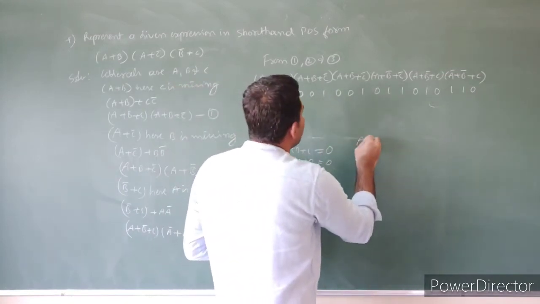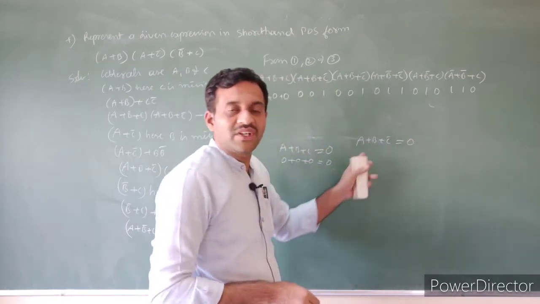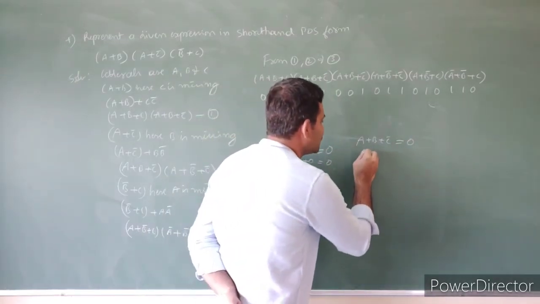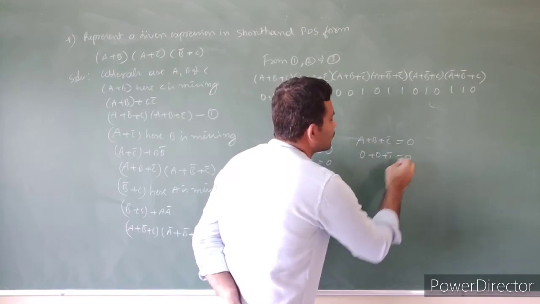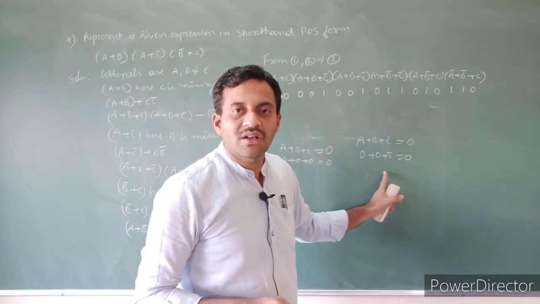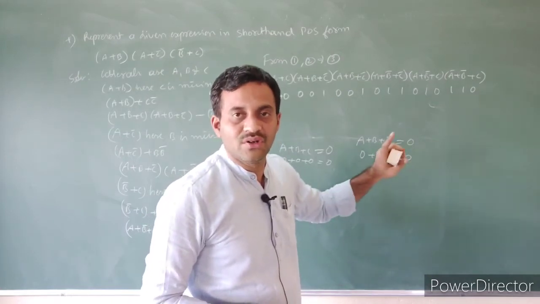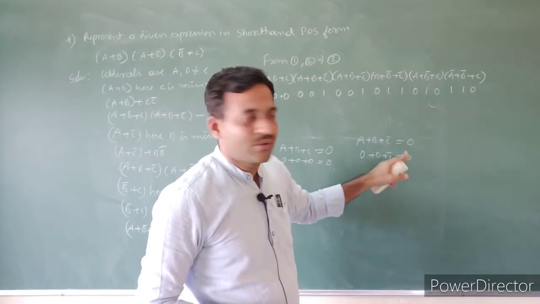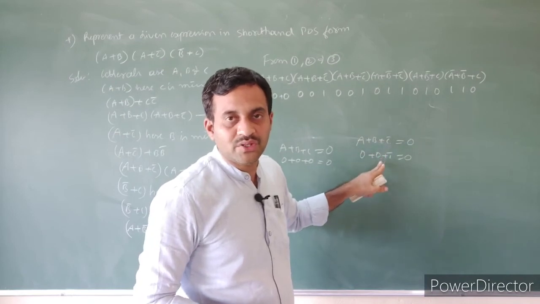See the second one, A plus B plus C bar. When it is 0 plus 1 complement, the total expression returns 0. Because in an OR relation, if all the literals are 0, then the value is 0. To get a 0 value, for the barred variable, we put 1. For the unbarred variable, we put 0.